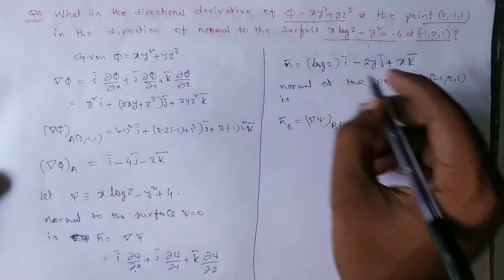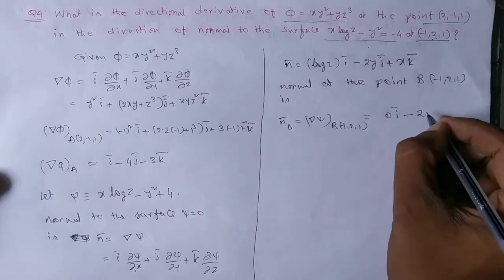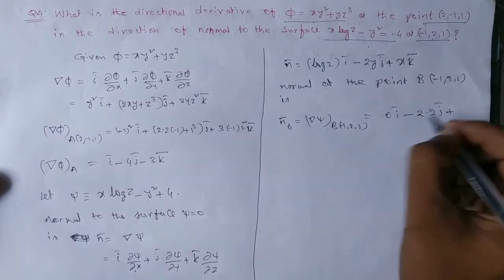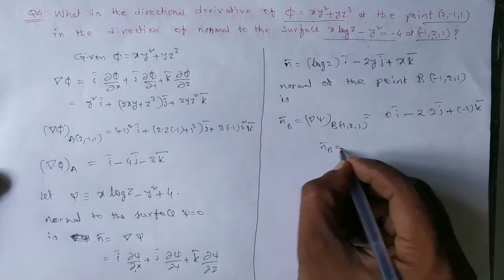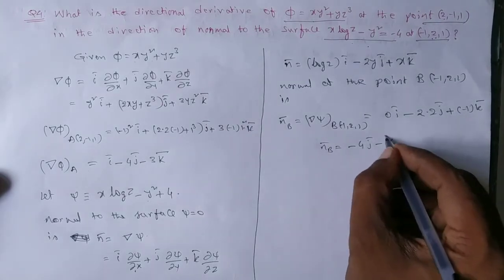So 1 log 1 is 0. So 0 into i bar minus 2 into j bar plus x is -1 into k bar. So our normal is here minus 4 j bar minus k bar.